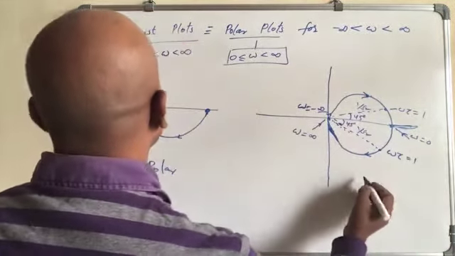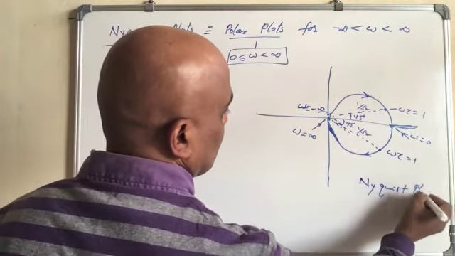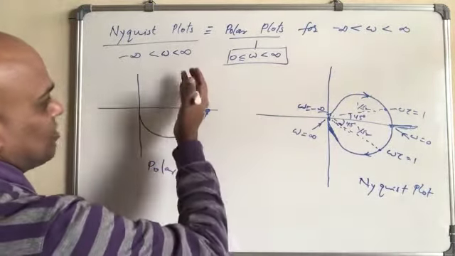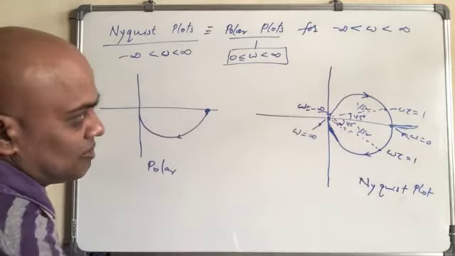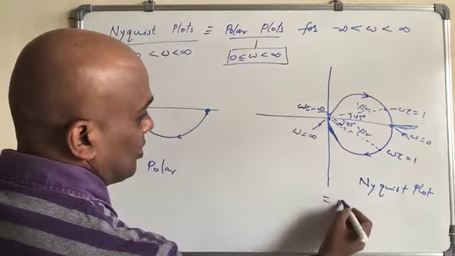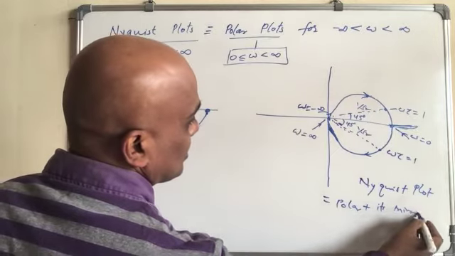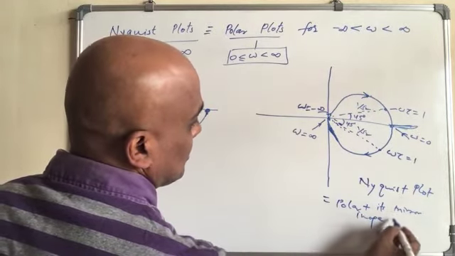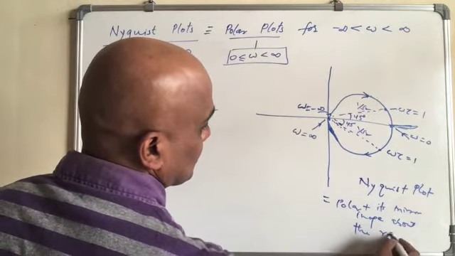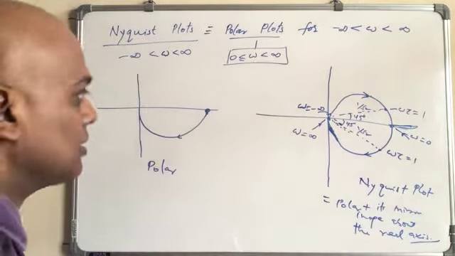This is the Nyquist plot. So what is the difference? Take the polar plot, take the mirror image of that and you get the Nyquist plot. Just add the mirror image, so Nyquist equals polar plus its mirror image about the real axis. That's it. It's the same thing.